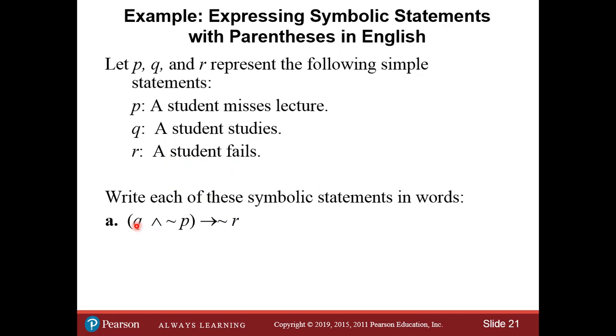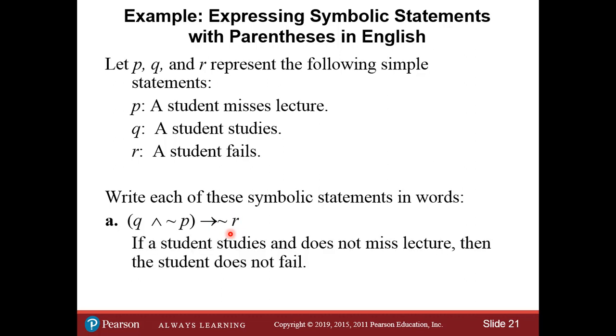Well, Q is the student studies, and what is not P? Well, P is the student misses lecture. So in this case, doesn't miss lecture. So what is this saying? If a student studies and does not miss lecture, then what? Then the student will not fail, or does not fail.